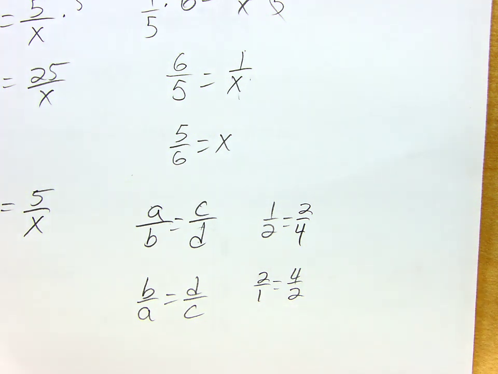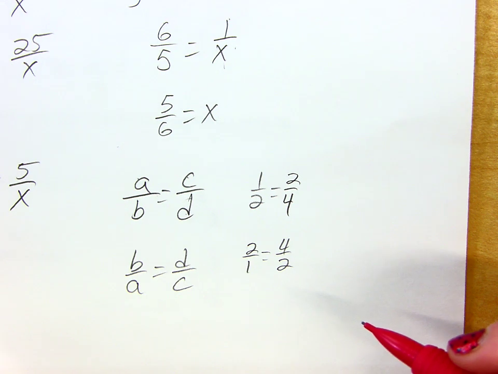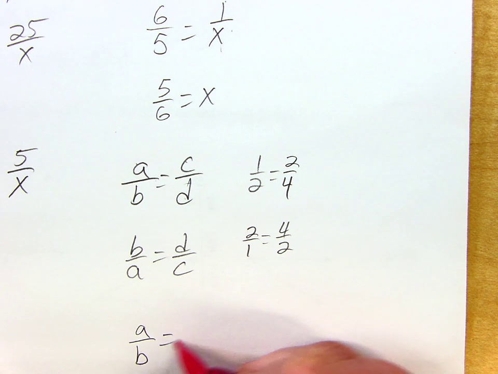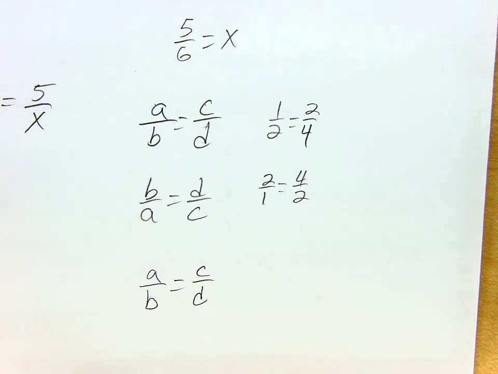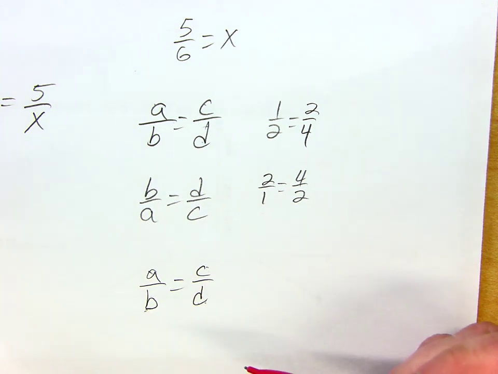Okay, so proportions, you can flip both sides. That's important to remember. But here's what's super convenient and will be very useful to you. What you can do, if I start off with 2 fractions equal to each other, you can swap either diagonal, or both diagonals if you wanted. What?